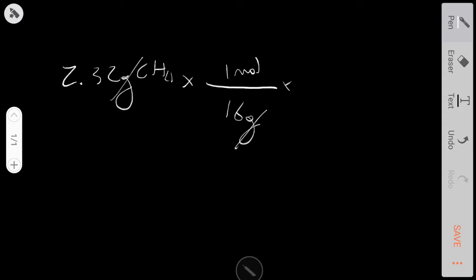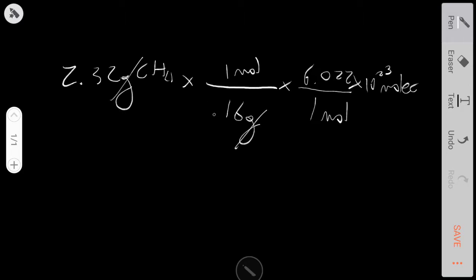I need to convert that to molecules. So that times, in 1 mole, I have 6.022 times 10 to the 23 molecules. I'm going to put molec for short. So 2.32 times 6.022 times 10 to the 23 divided by 16.